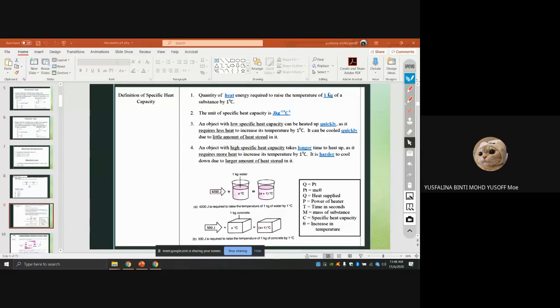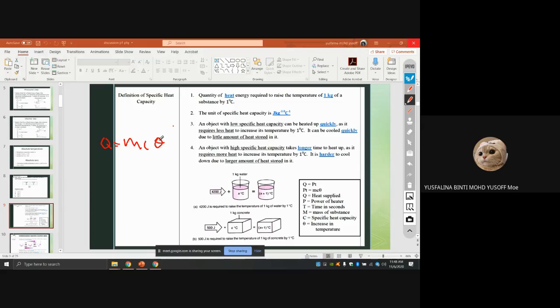Okay, so how do you calculate the quantity of heat? Usually we use the formula Q equals mcθ. This is the formula for quantity of heat.